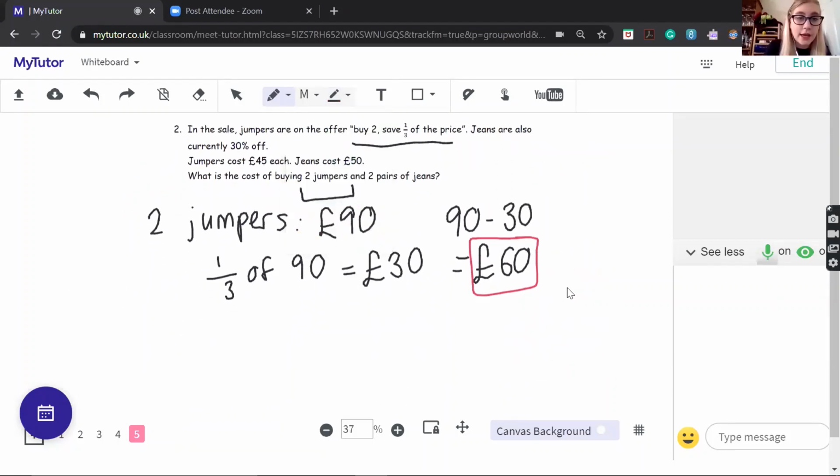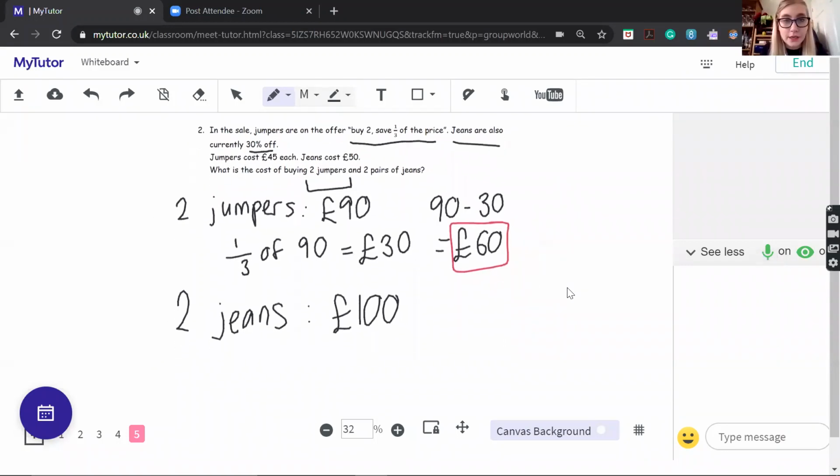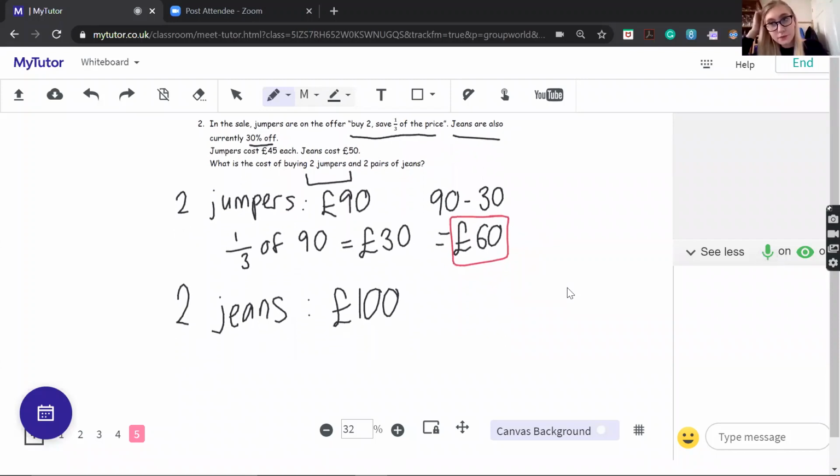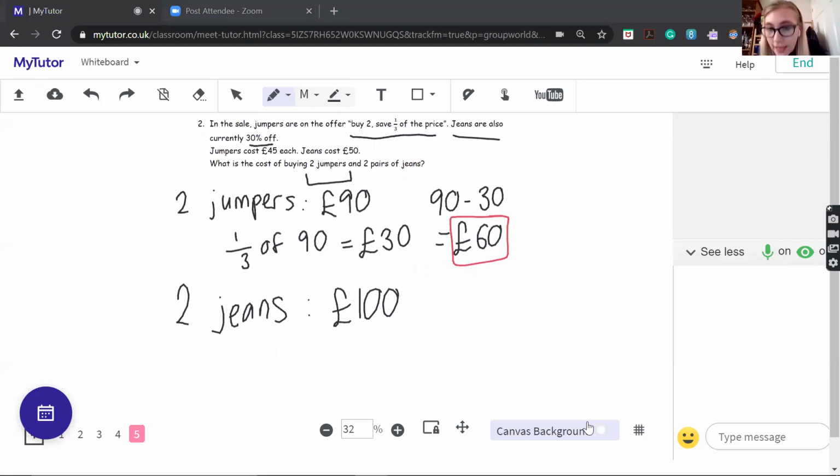Now we can look at the jeans. So the 2 pairs of jeans would cost us £100 because they're £50 each, and we're buying 2 of them. Now we can see here, jeans are 30% off. So there's a couple of ways that we could do this. People have probably already started saying in the chat. Yeah, nice. Cool.